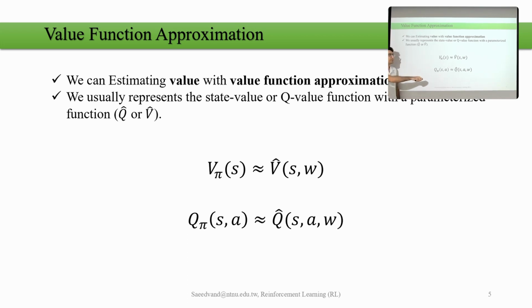Here I can do the same thing for the Q value. Q pi, as you know, can be represented as a state and action pair. For each state, all possible actions can be written as the estimated Q of state and action, and again we have W's here.